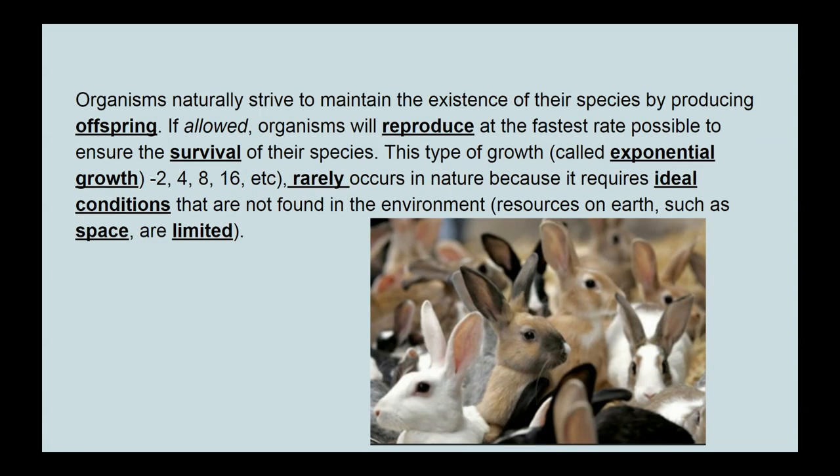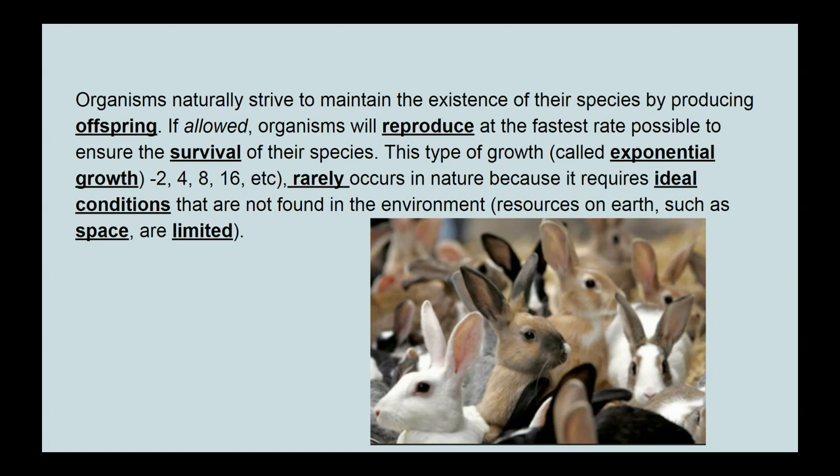So the type of growth is called exponential growth if they're allowed to just reproduce without any issues. So no hunting, unlimited amounts of food, all of that stuff. But it doesn't happen in nature. Nature just simply doesn't have those ideal conditions. So they don't have unlimited resources.